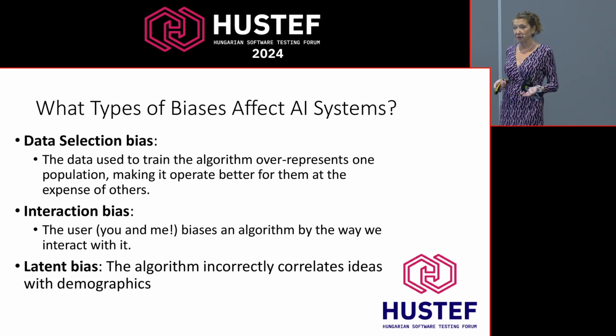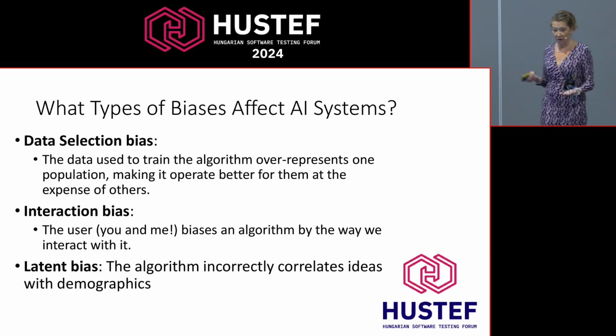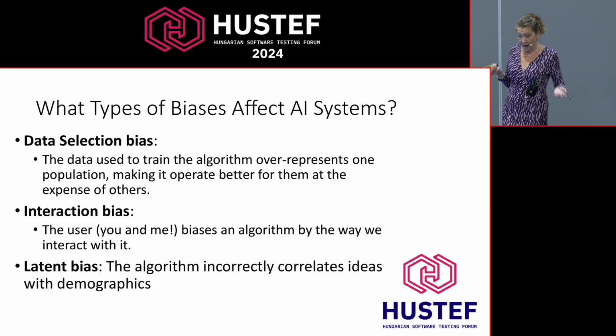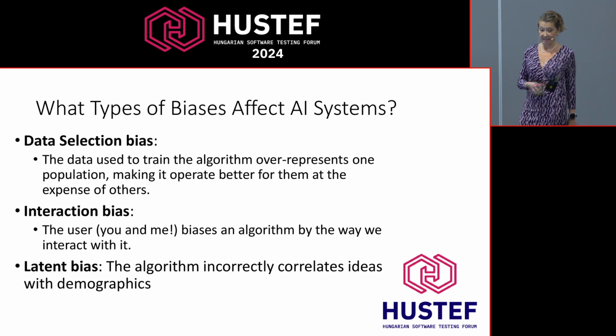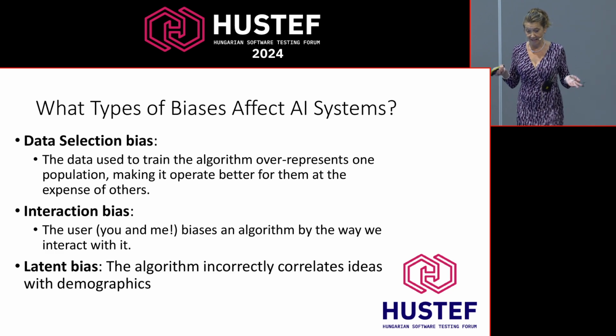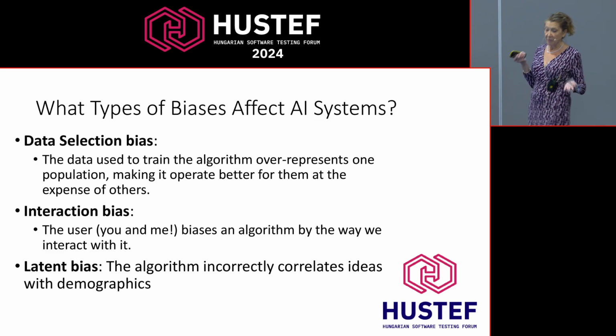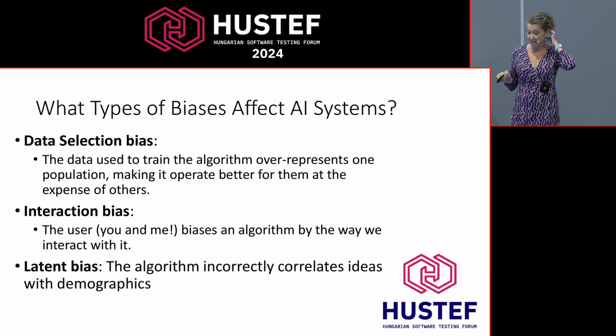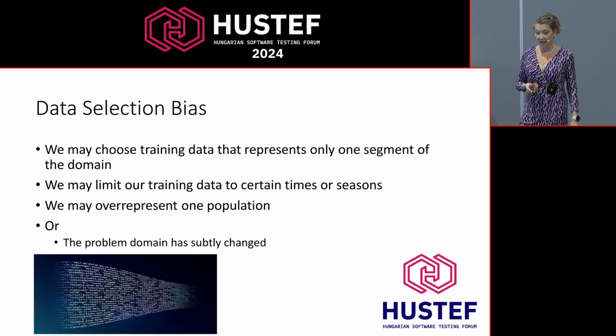Then there's the interaction bias. Even your interaction, just you and me, our biases can come out in the way we assess the data. And then there's the latent bias. This is when the algorithm incorrectly correlates data with different ideas and demographics.